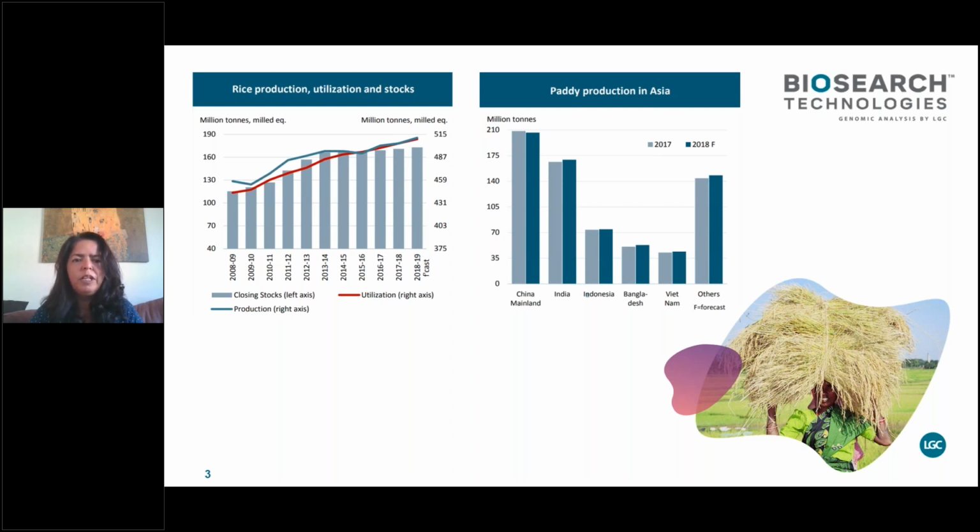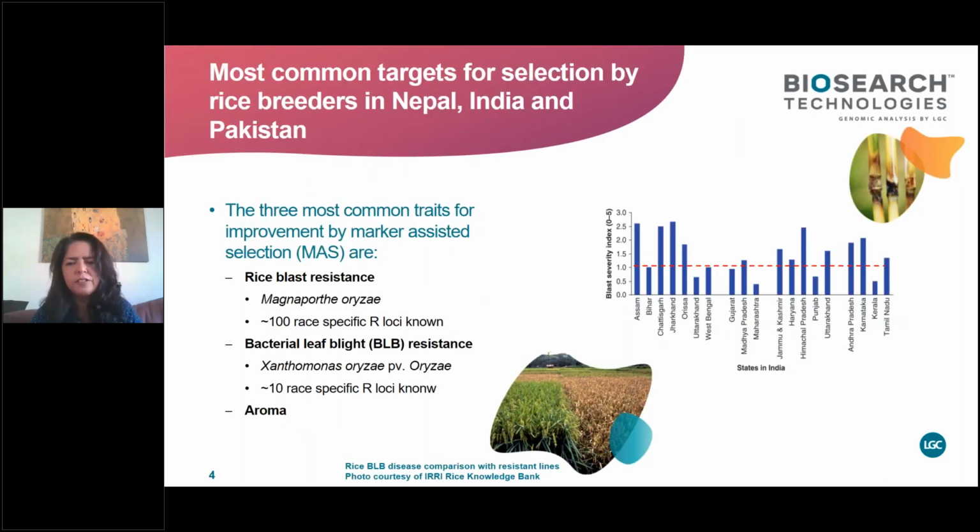So when we look at the factors that influence the reduced yields and the development of varieties, two of the biggest diseases that cause these problems are BLB and blast disease resistance.